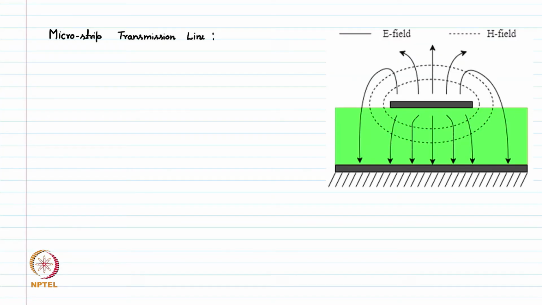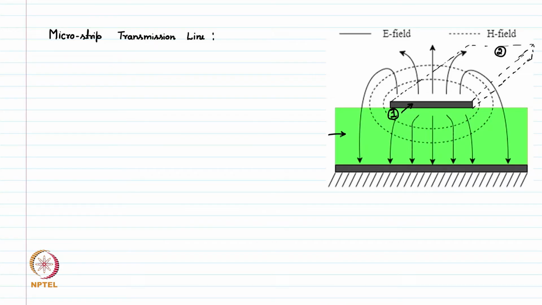So, this is the cross section of microstrip line, where on the top we have this microstrip line which is going, let us say, in the Z direction like this. And at this point we are applying our signal. This is, let us say, point 1, and from point 1 to point 2 we want to carry our signal.